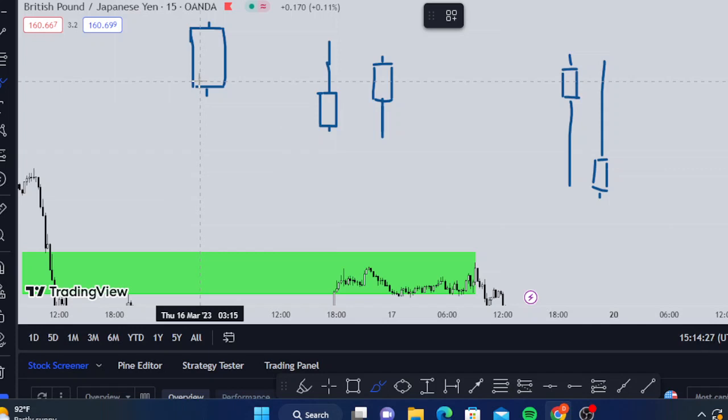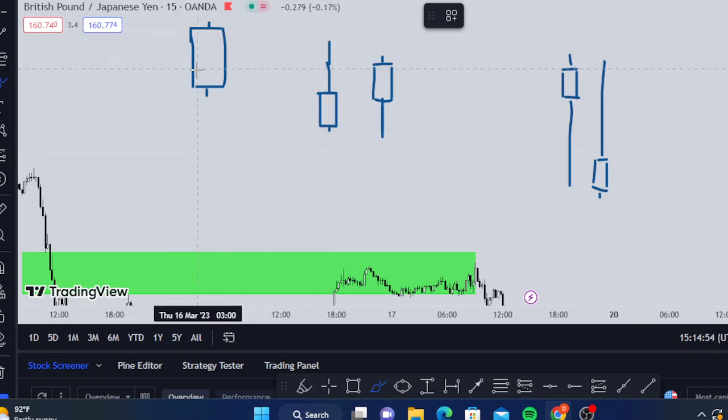You are only focused on supply and demand and support and resistance, but you can use it as a confluence, in conjunction with your support and resistance and supply and demand, so that you can stand a chance of winning more trades, you understand?